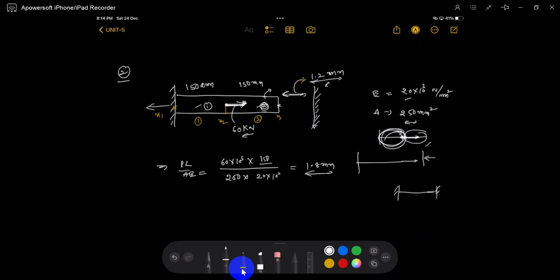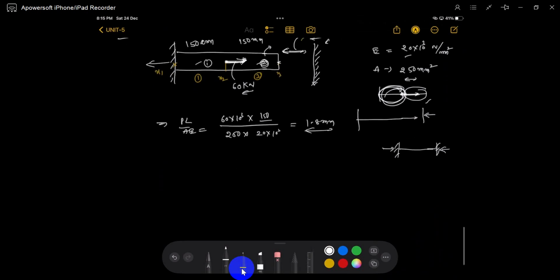Understood? Exactly. If you increase the temperature of a member, it will increase its length, or experience certain displacement. But if you arrest this, you will get a compressive force. You already know it. So same like this, now it's 1.8 mm, so the displacement is higher than what we allowed.